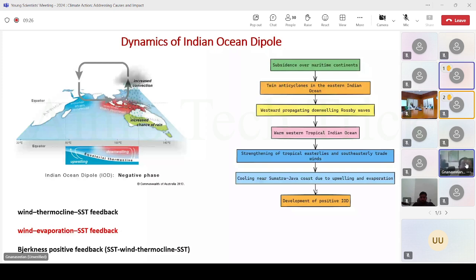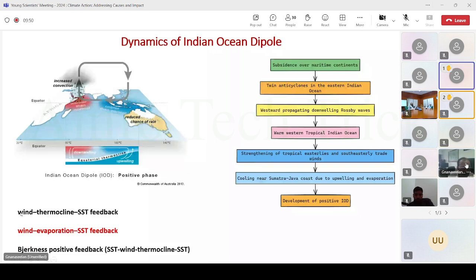And so if you look at this, there are different mechanisms which are forcing the IOD. The most popular mechanisms are, the major changes happen in the wind. Once the winds change, the thermocline gets affected. The thermocline changes, then it can affect the SST.